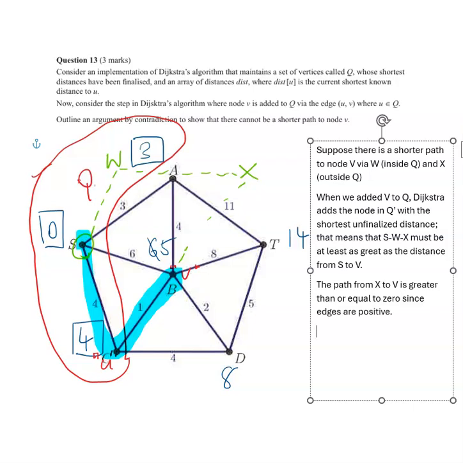And so, just using the maths of inequalities, that means the path from S to W to X to V must be at least as great as the path from S to V, which Dijkstra found. And then we say, hence, that's a contradiction. Hence, contradiction. So no shorter path exists.